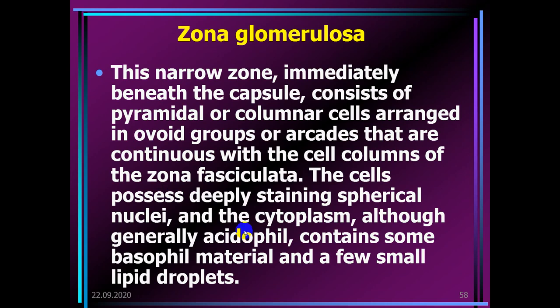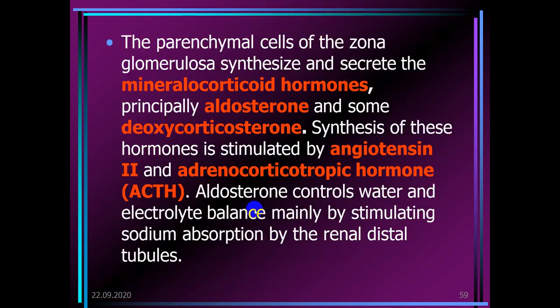These cells have lipid inclusions, a lot of lipid droplets, and produce a lipid-soluble hormone, mineralocorticoid. It is a family of hormones, mineralocorticoids, steroid hormones, lipid-soluble. The main hormone is aldosterone, and they also produce some deoxycorticosterone.